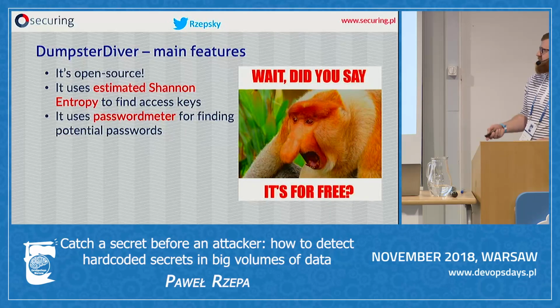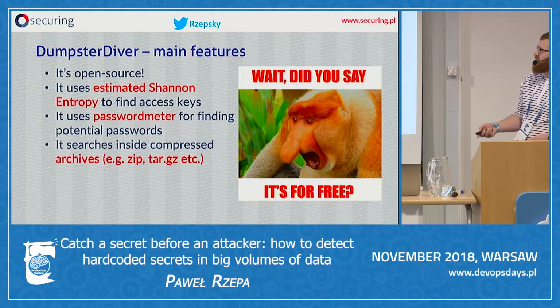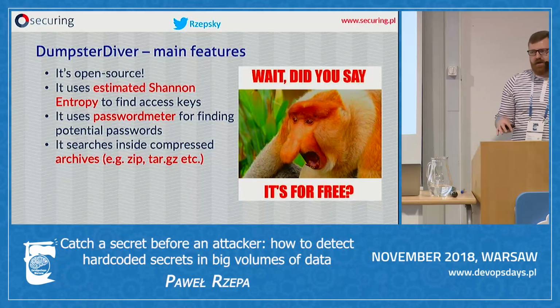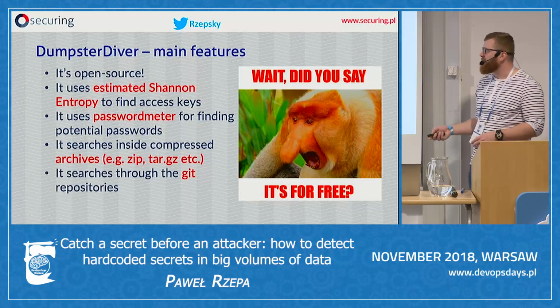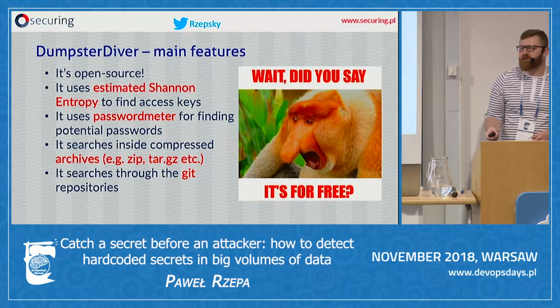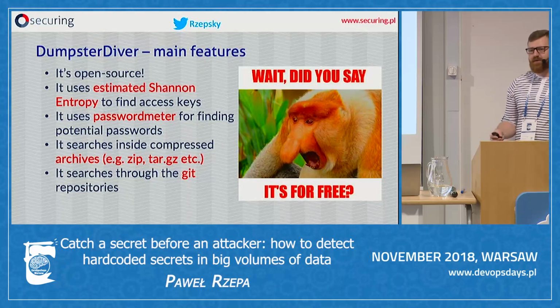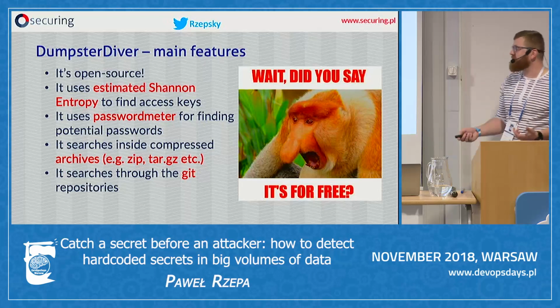It uses the password meter library for finding passwords, and it searches inside compressed archives like zip, tar, etc. And also it is able to find secrets in the Git logs if you are storing the whole Git repository.